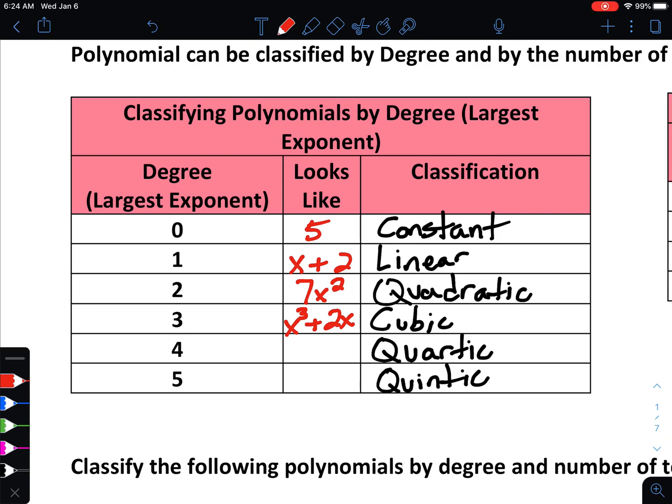For the 4th power, that's called quartic, something like x to the 4th minus 1. And finally, for quintic, you've got x to the 5th power, like x to the 5th minus 3x plus 2, which would be considered a quintic polynomial.